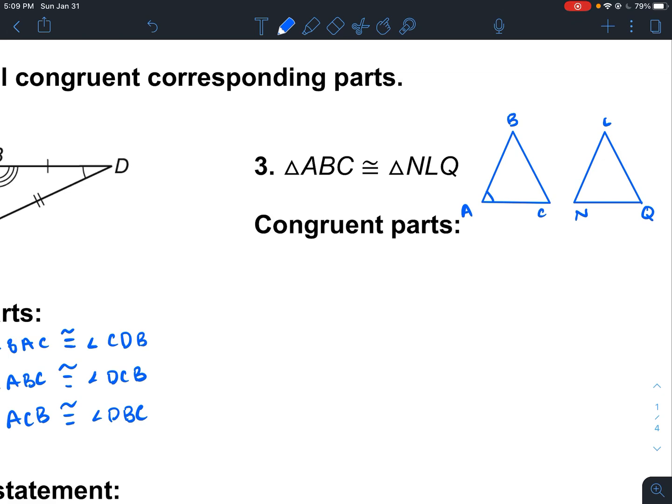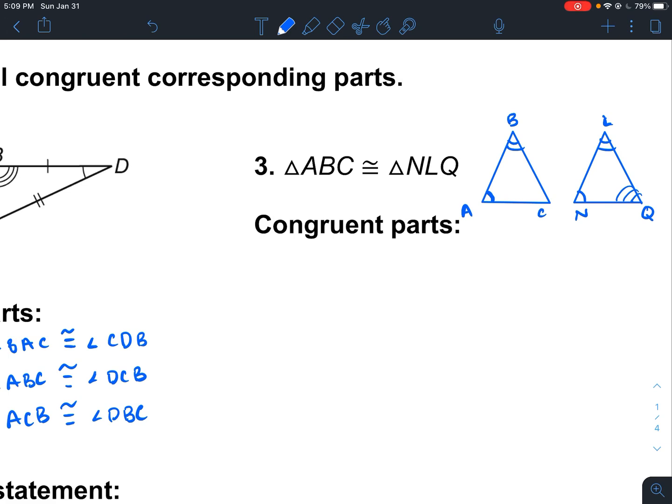So A corresponds with N, and they are congruent. So I'm going to draw this line in that angle, signaling that they are corresponding and congruent. So this angle B, I'm going to write a double line showing that these are corresponding and congruent, and then Q right there. So those are corresponding and congruent.